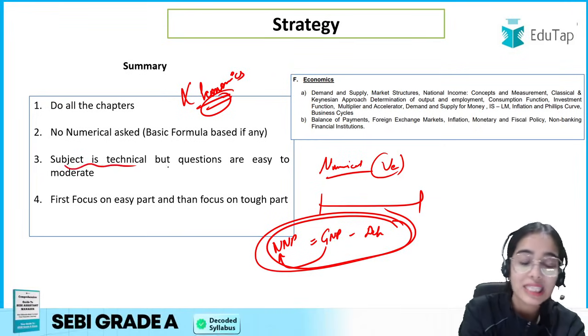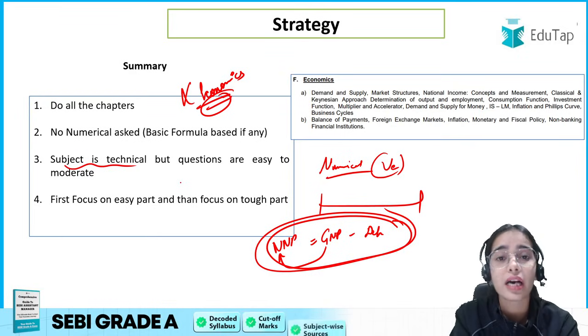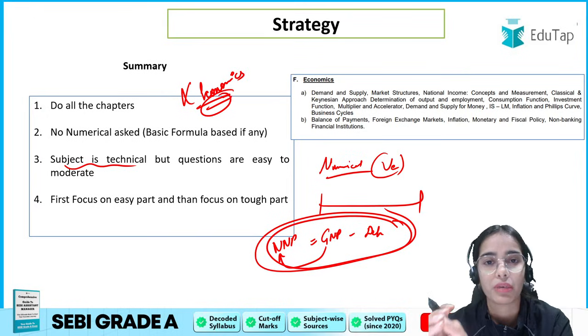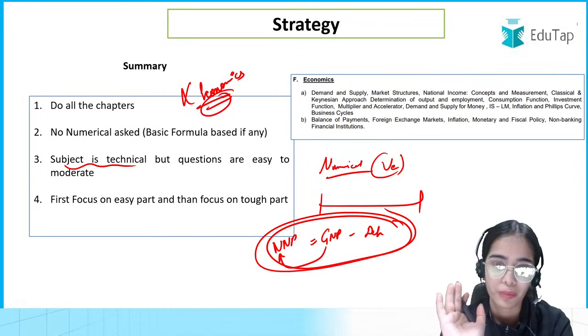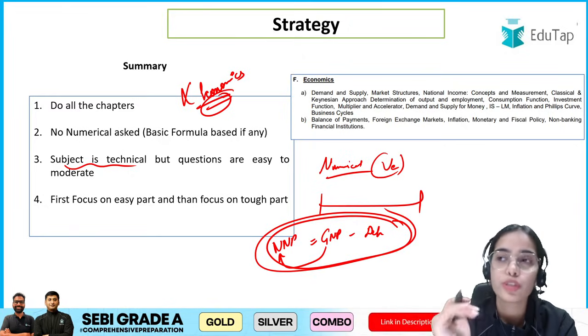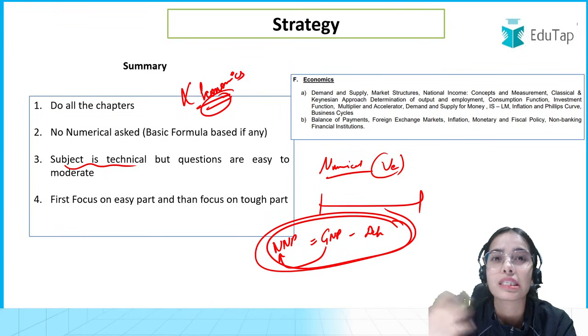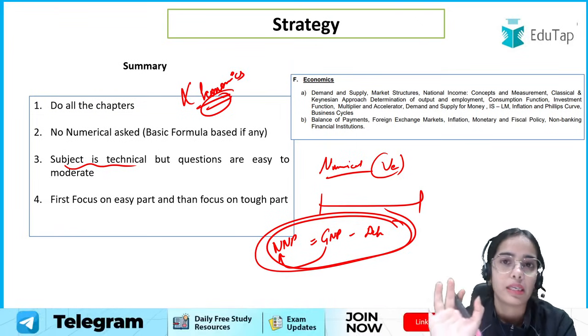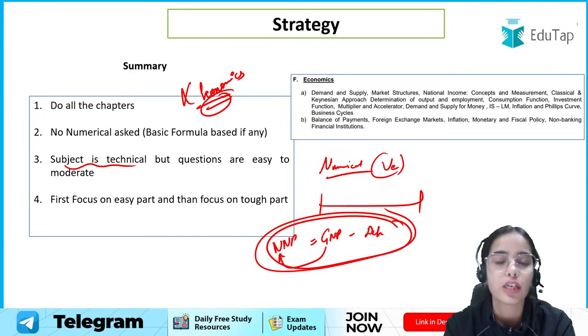The subject is technical. I have told you that if you have never studied economics, it will be difficult for you, at least in the first go. In the second go also, you might feel that some concepts are still not clear. So the subject is very, very technical, especially for newcomers who have never studied economics, or who have not studied economics after 12th.